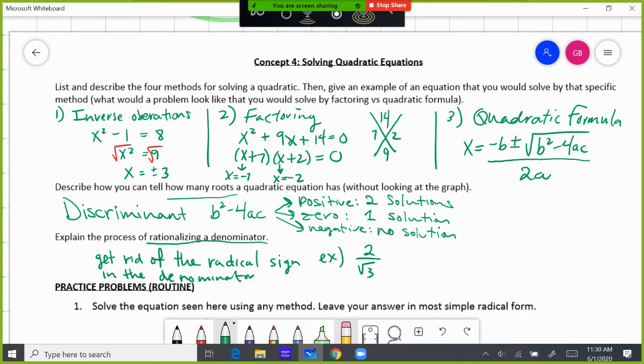You need to rationalize the denominator because you're not allowed to have a radical sign down there. To do that, you're going to multiply the top and bottom by that denominator, the square root of 3. That gives you 2 square root of 3 over square root of 9. And we know that the square root of 9 is 3. So there you go. You got rid of the radical sign in the denominator. That's basically what it means.